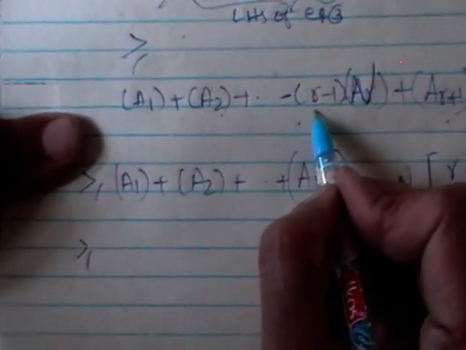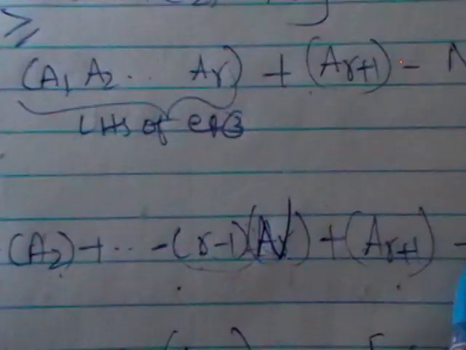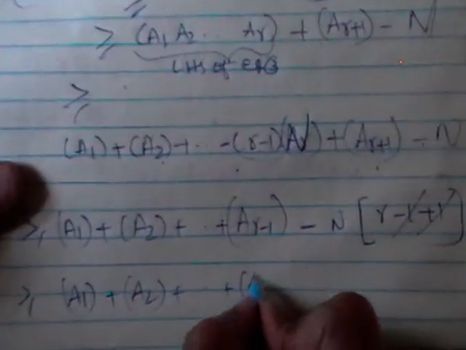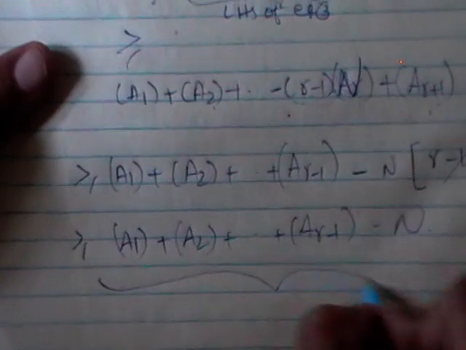Then you will get r minus 1 plus 1, which is r. If you take out minus n common here you will get r plus 1, and here you will be with plus. These two cancel. You got a1 plus a2 plus so on ar minus 1 minus n. So this is nothing but the LHS of 4.